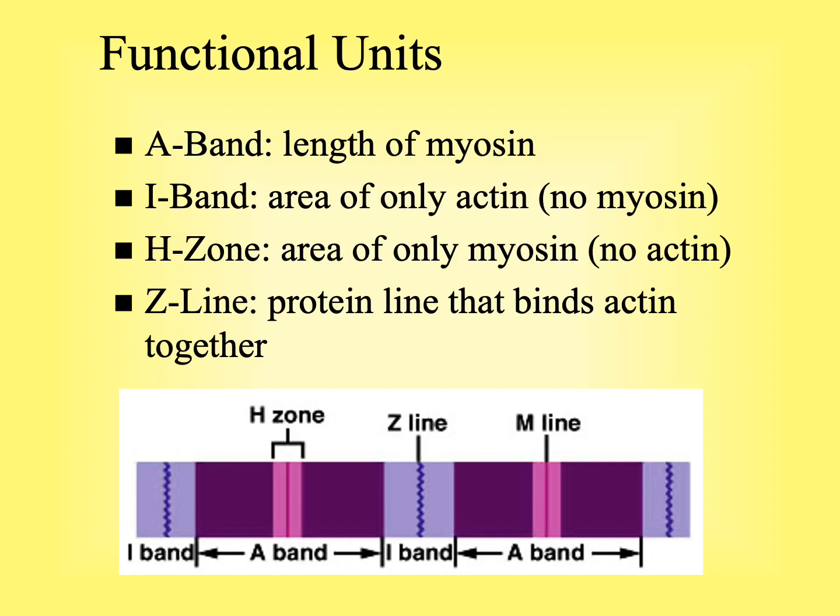The I band is the area where at rest, actin is the only contractile protein that's present. At rest, there's a region within the A band, the area of interaction, where we do not see any actin, and that's what's referred to as the H zone.